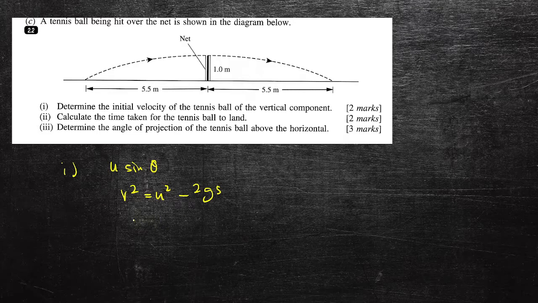In the vertical motion, 0 equals (u sine theta) squared minus 2g times s, where s equals 1 meter. That is, at the highest point, vy equals 0, and this is 1 meter in length to the top.